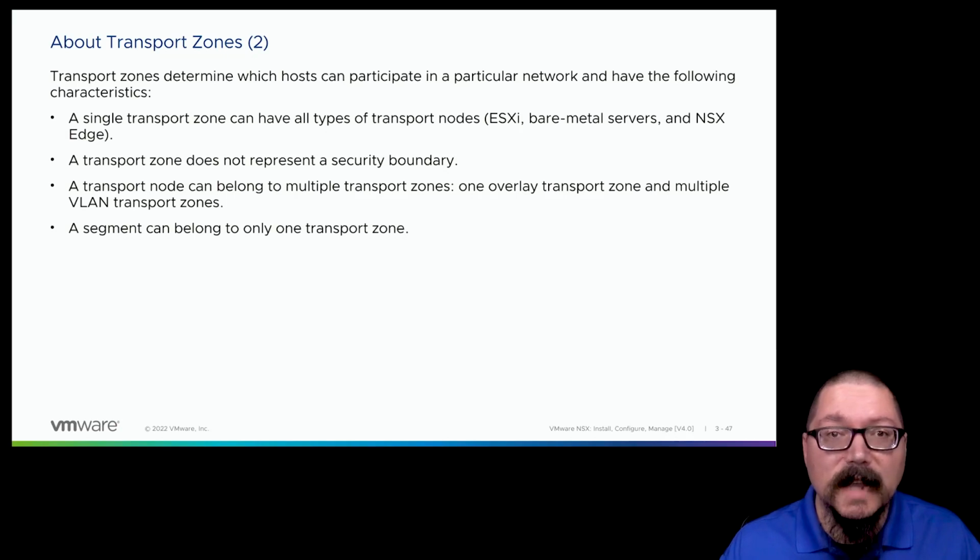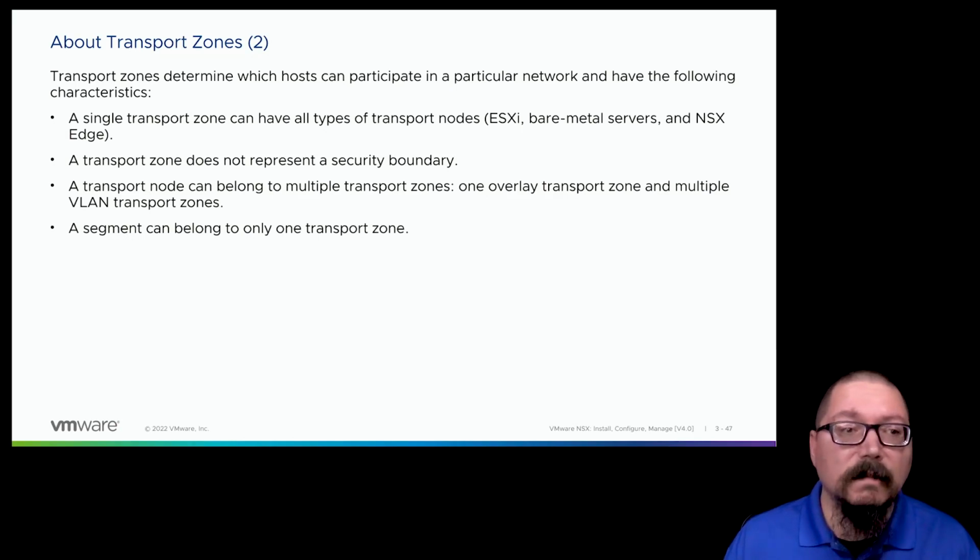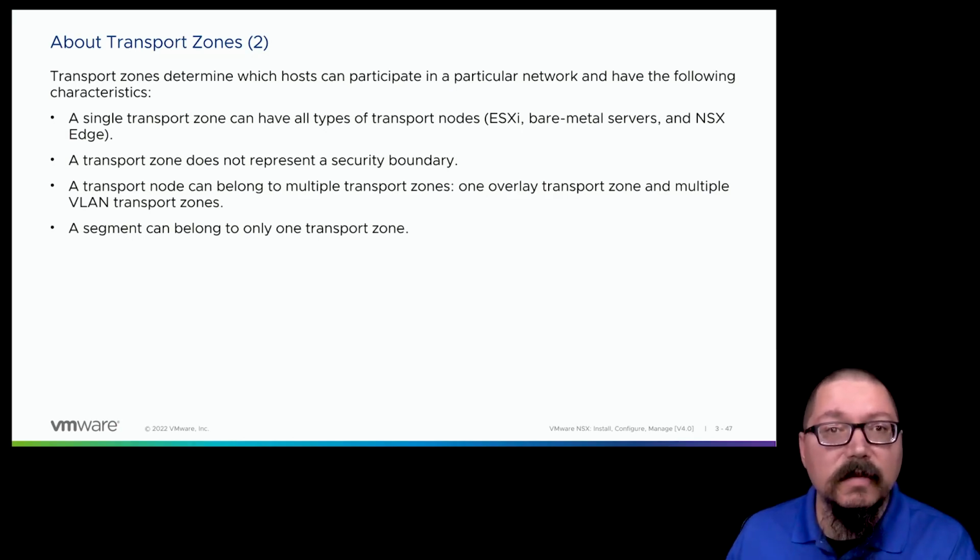Alternately, if I create a segment and associate it with a VLAN transport zone, that's going to be just like creating a VLAN-backed port group on a distributed switch, right? It's just going to be a port group that's going to allow traffic to pass and be tagged with some VLAN ID. So that's another function of the transport zone. So it's a configuration boundary and a configuration tool in that respect.